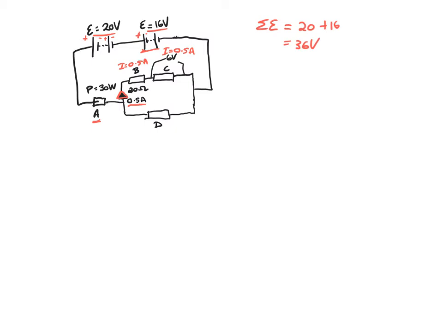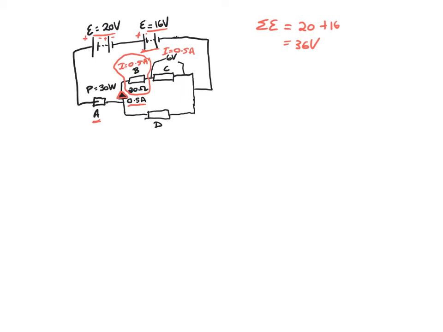So I can already see from here that for resistor B, I have the resistance and I have the current. So I can calculate the potential difference across resistor B, which will allow me to figure out, using Kirchhoff's second law, the potential difference across resistor A as well.